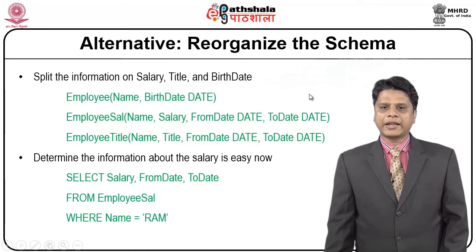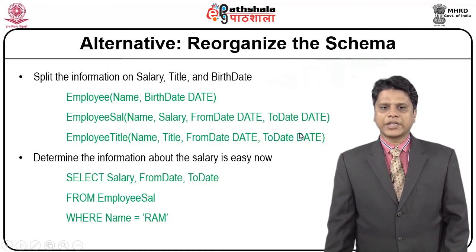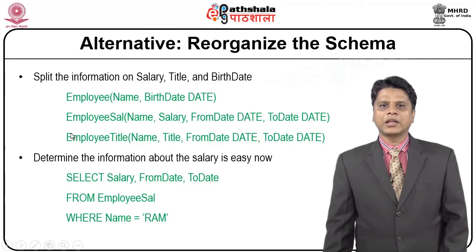From date and to date, a specific person's salary would have changed, so this interval is specified on employee salary. Likewise, for employee title, the from date and to date interval is again changing, and it depends on the designation title. So this has been considered as two separate tables on top of the employee table, where the employee relation has only one record.